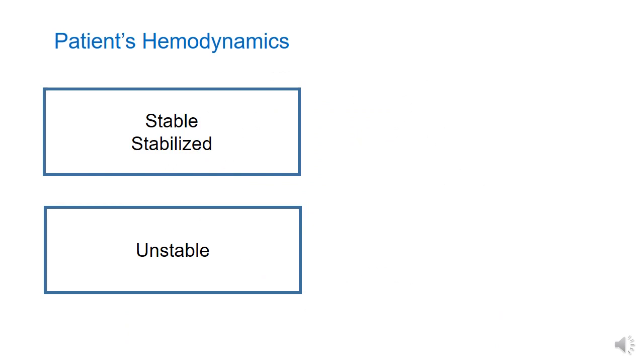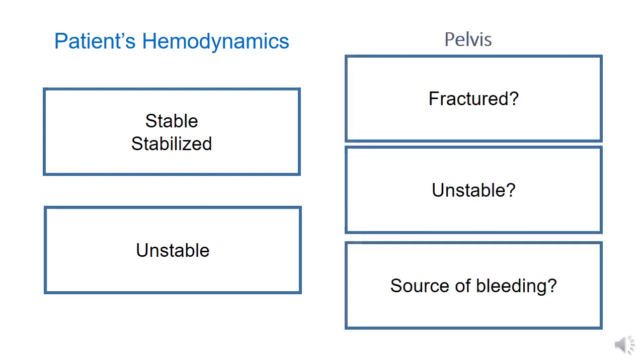What we should do is know if the patient was stable or stabilized before he came to the hospital, or if the patient is unstable. And also, we should guess about the pelvis, if it is fractured, and if it is fractured or we suspect fracture of the pelvis, we should know the pelvis will be either stable or unstable.